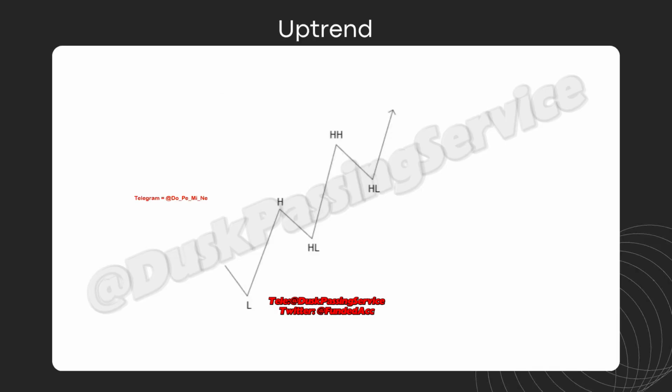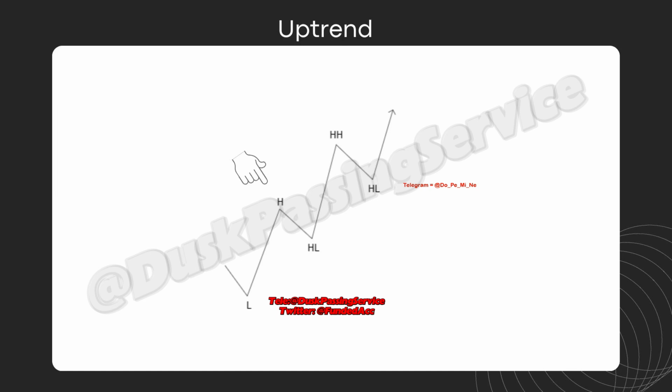So right here we've got an uptrend. There are multiple names for it: you can call it a bullish trend, a bull trend, or anything you want. But the idea is that an uptrend is made up of highs and lows which consistently move higher, just as the name suggests. Here you can see that we start off with a low, then price continues moving higher and makes a high.